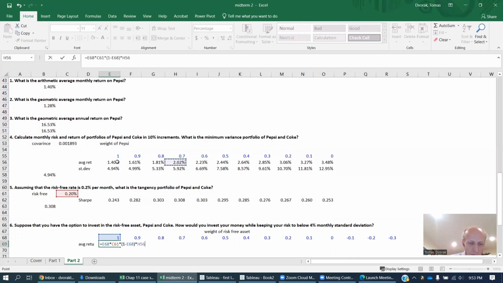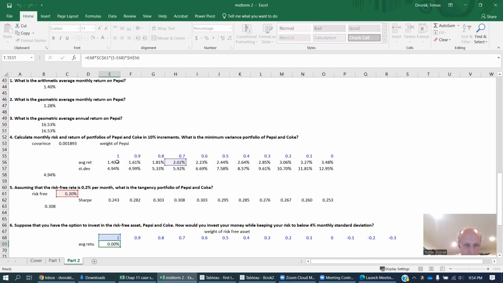And we have to lock that one. And we actually have to lock the cells that mark the risk-free rate as well. Yeah. Get 0%. Why are we getting 0%? We should get 0.02.